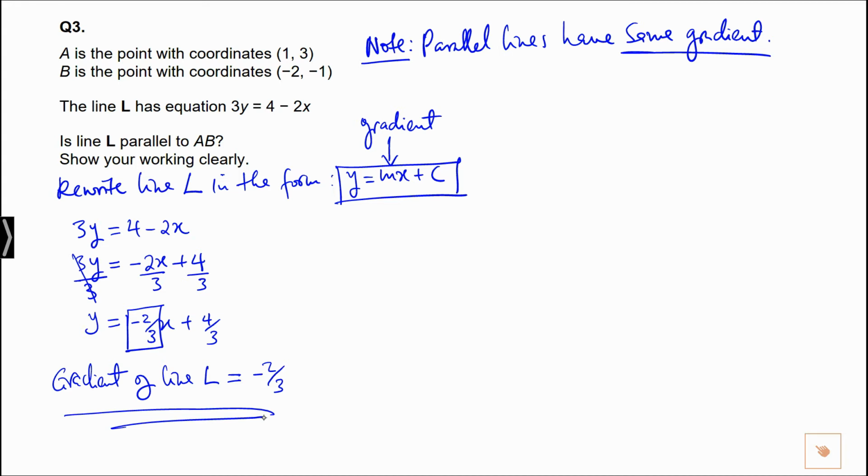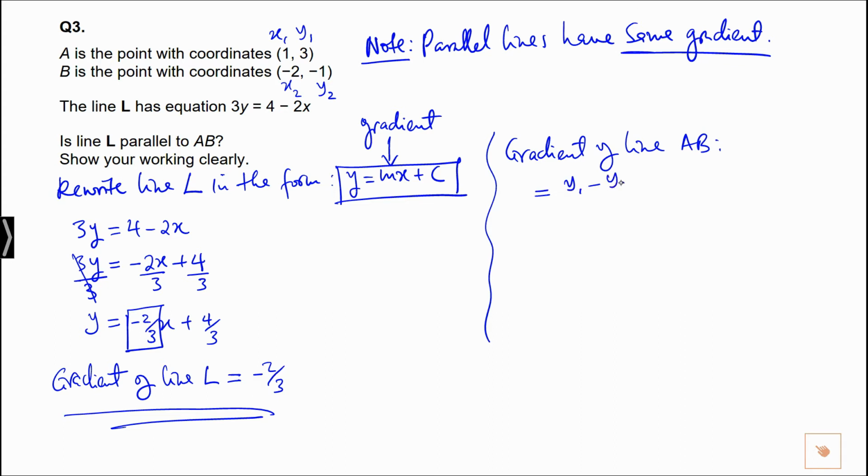Okay, so we have that. We also need to determine the gradient of line AB. So here we can work out the gradient of line AB. Now, we know from the formula of gradients that if this point here is x1, y1 and this is x2, y2, then the gradient through those two points will be given by y1 minus y2 over x1 minus x2.